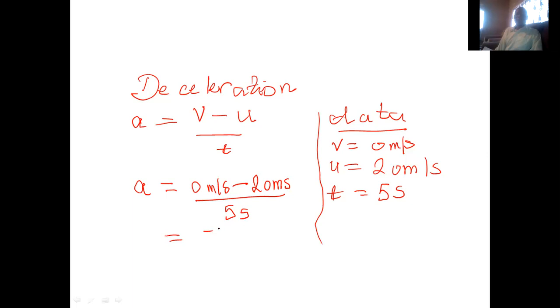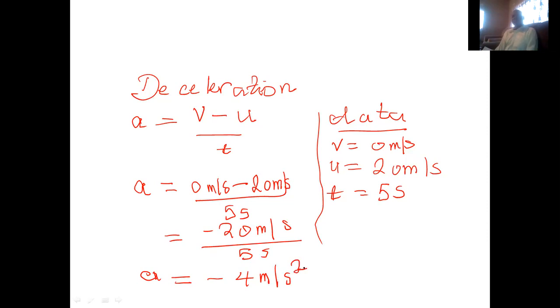So what we have is negative 20 meters per second divided by 5 seconds, and we find that our acceleration is negative 4 meters per second squared. So this is how we can use these concepts to calculate distance on a speed time graph as well as the deceleration.